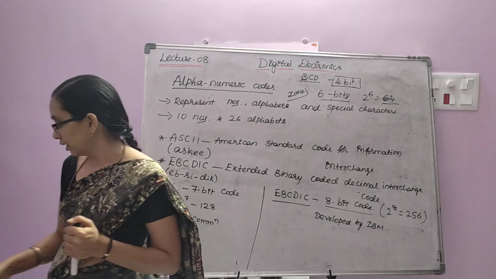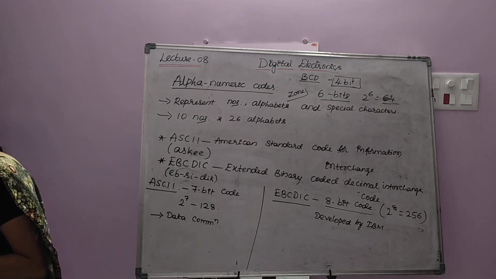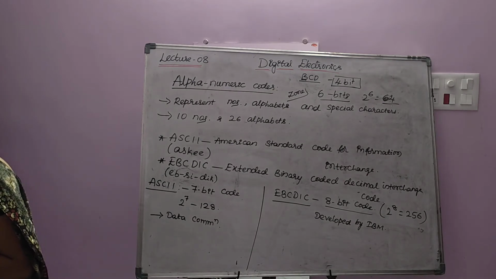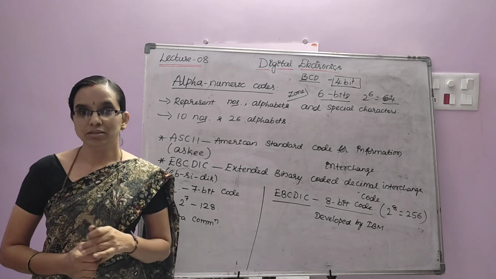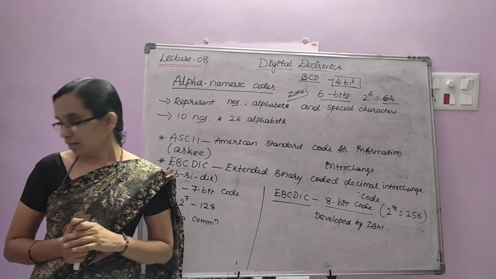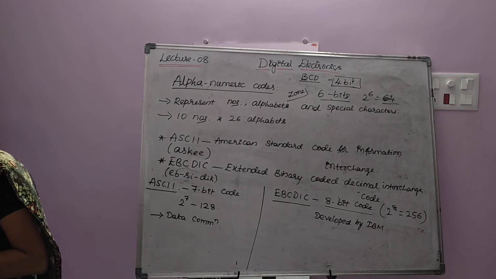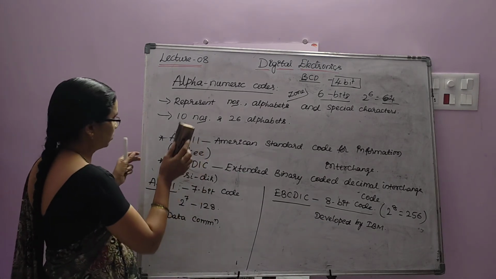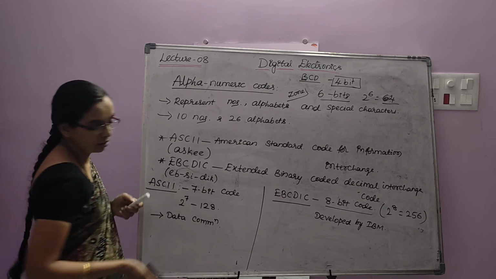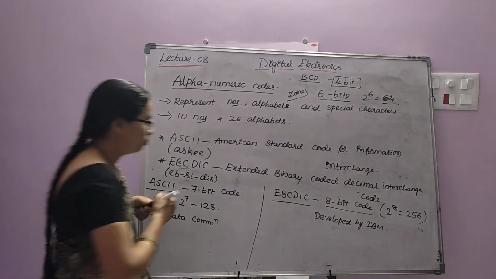In the textbook, the BCD and EBCDIC code table is given for your reference. Just see that. If you are interested, you can code a word like computer. For example, in the textbook PUC is coded.